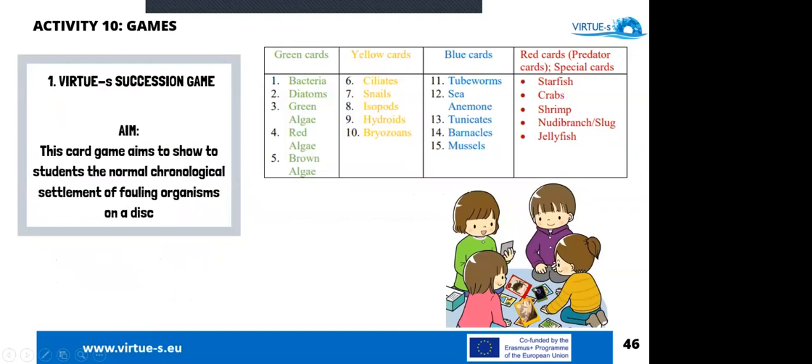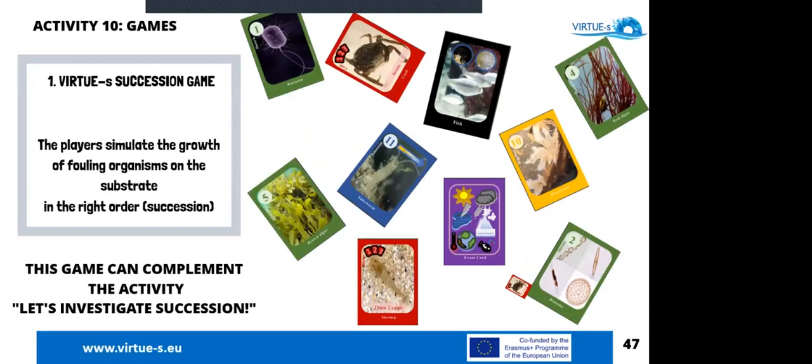It's interesting because we also have some special cards with some events. So I encourage you to go on Virtuous's website to see how this game works. This game can complement the activity Let's Investigate Succession.